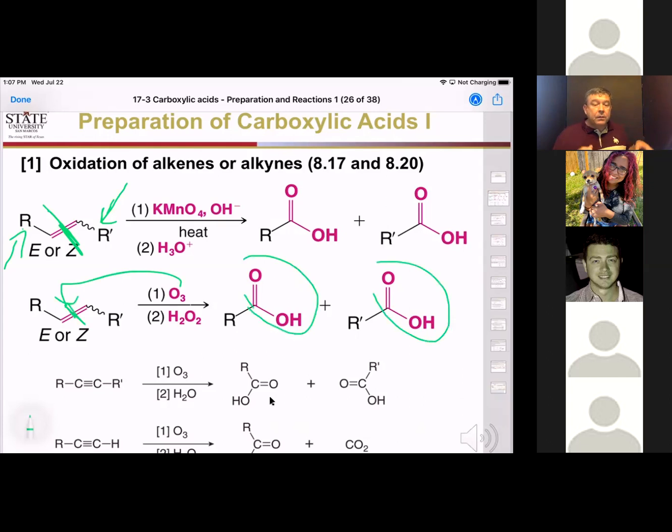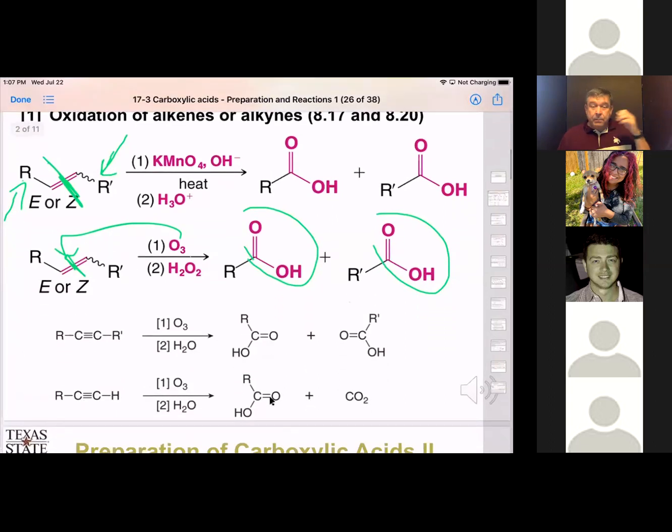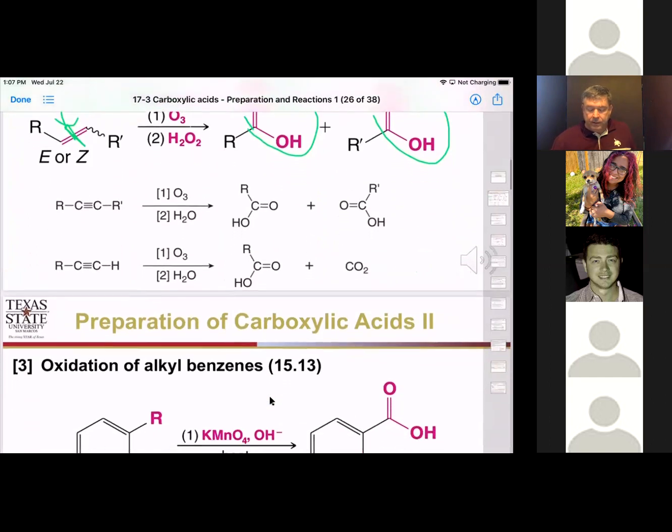And this also extends to acetylene. So you can have a double bond, a triple bond, or a benzene ring, and ozone with peroxide will break those down into carboxylic acids. Okay. So we can make them from alkenes. We can make them from alkynes. We can make them from benzene derivatives.